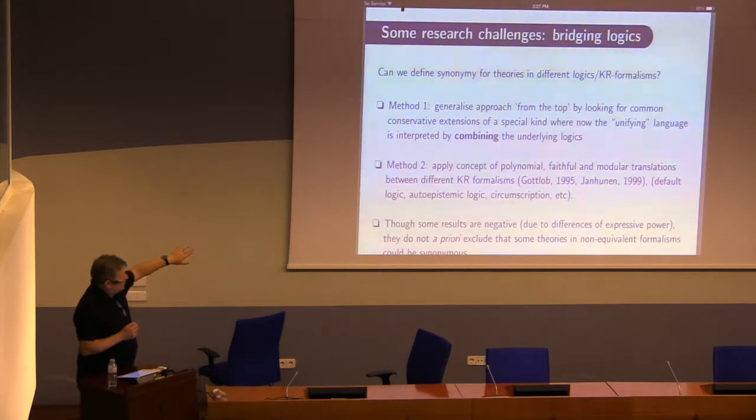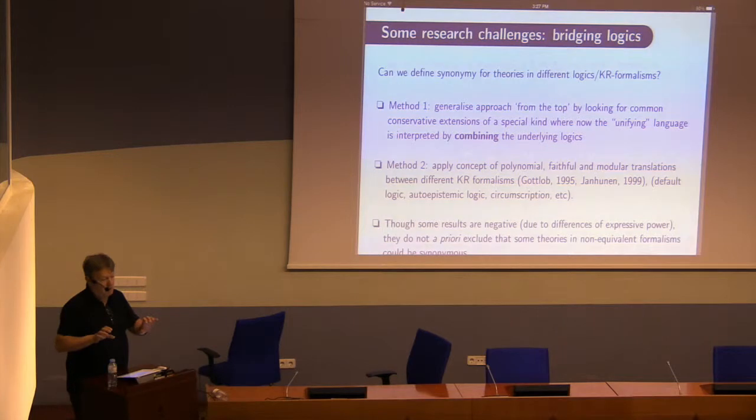Another way is to look at work done in AI in the 90s on translating between different knowledge representation formalisms. But most of this work was to look at the different expressive power of formalisms. It wasn't to translate between languages. So adding translation between languages would be to add a new feature to that kind of work.